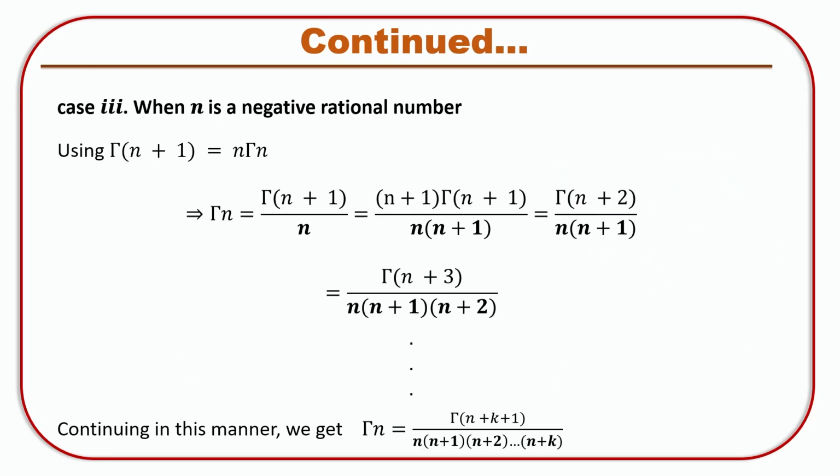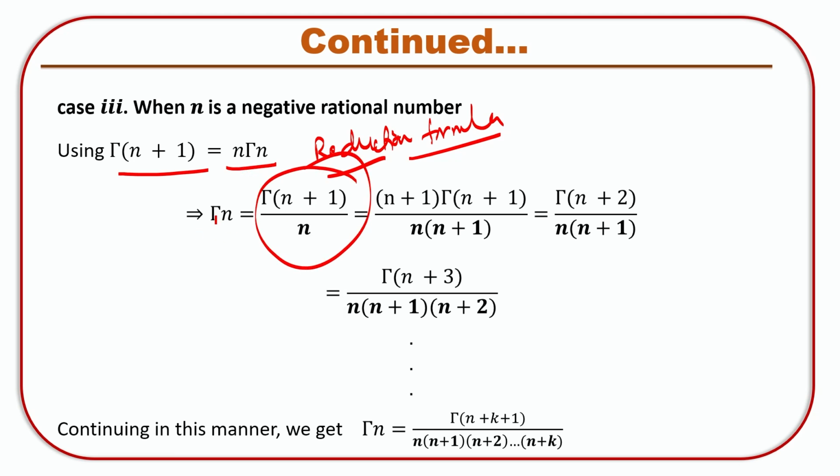Now, similarly, when n is a negative rational number, we use gamma of n plus 1 equals n gamma of n, the reduction formula, and gamma of n can be evaluated from here. Gamma of n is nothing but gamma of n plus 1 divided by n, and gamma of n plus 1 is equal to n plus 1 into gamma of n plus 1.